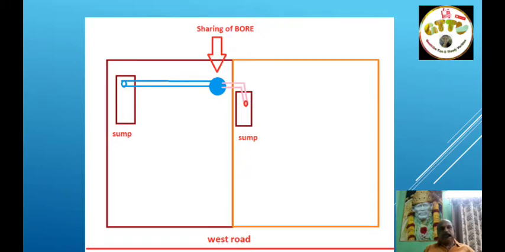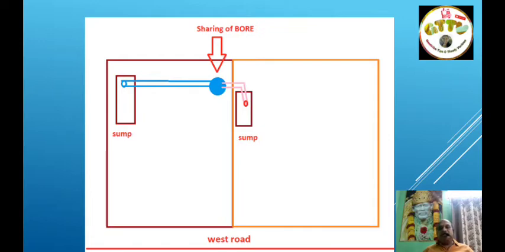For example, this is a west facing plot and we have two plots over here. This person has gone for a borewell in the right place, in the northeast direction of his plot. But this person is not having water. That's why he has taken a connection from this to his sump from the southeast.